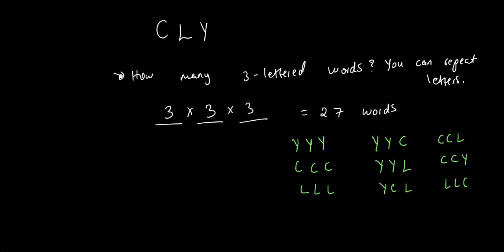Wait, so if this is the counting principle, are we actually using the counting principle in our daily lives? Yes, you are. For example, if you take your Apple iPhone, it's going to ask you for something called a passcode. A passcode is a combination of numbers, and the passcode has to be 6 digits.